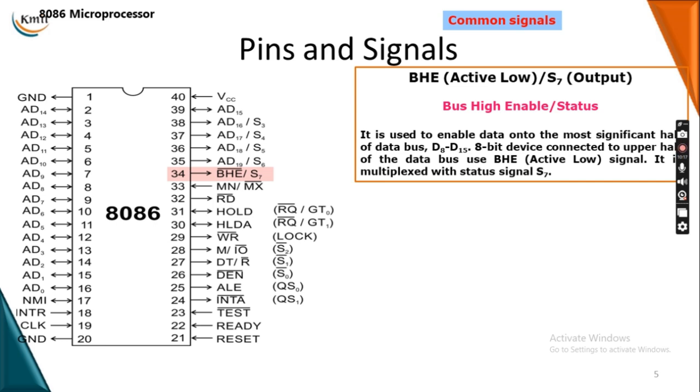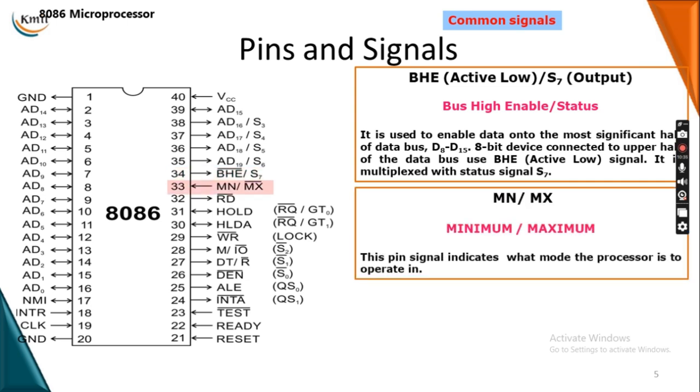It activates the upper half, because it is a high address bank, so high address it will be able to activate. So this means nothing but your active low signal. Okay, it is multiplexed with status signal S7.